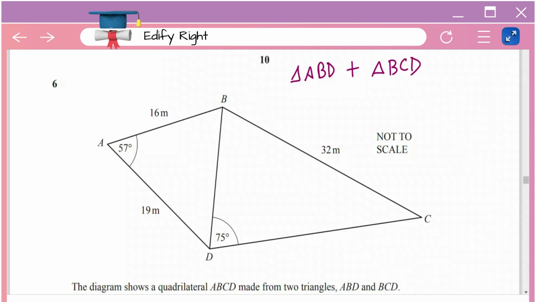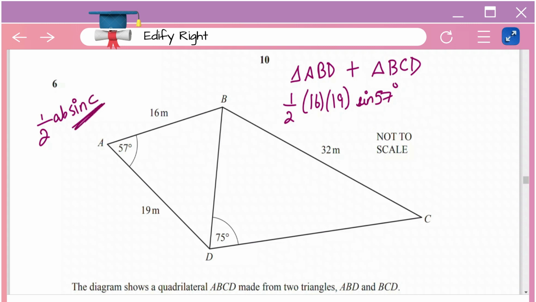Let's do that. So area of triangle ABD is given by half into 16 into 19 into sine 57. If you're wondering, I'm basically using the formula half ab sine C to figure out the area of triangle ABD. And for BCD also, we're going to use a similar formula, which is half into 32. We're going to consider this side and the angle between these two.